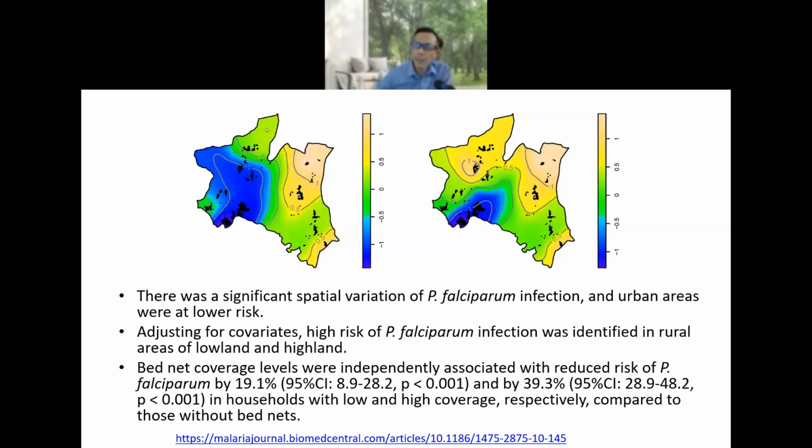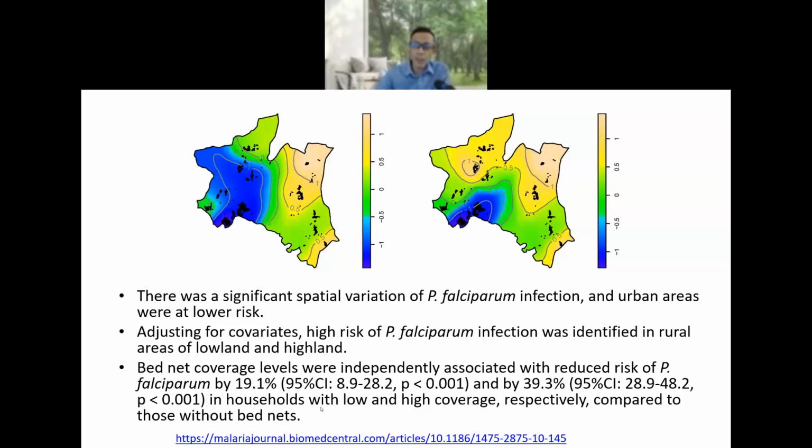Okay, in this kampung, what is the bed net coverage? And at the same time they measured the number of Plasmodium falciparum infections. They also got the coordinates of the kampung, the coordinates of the villages. So they did geostatistical analysis.